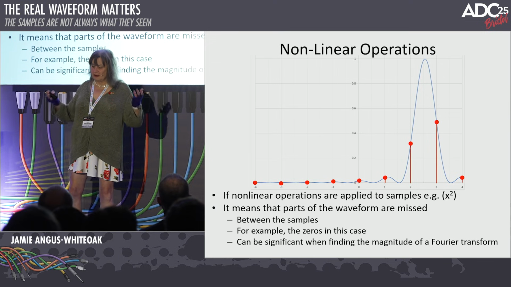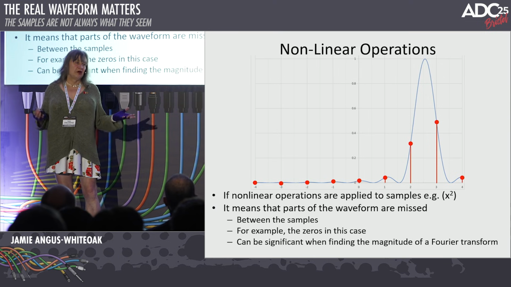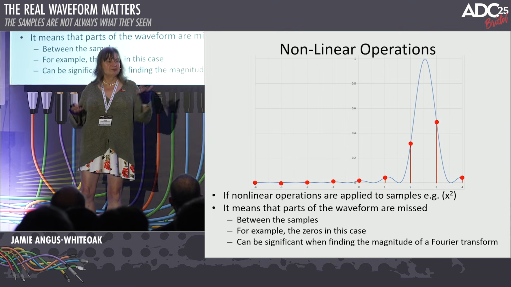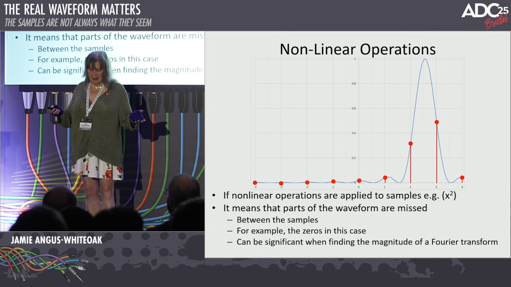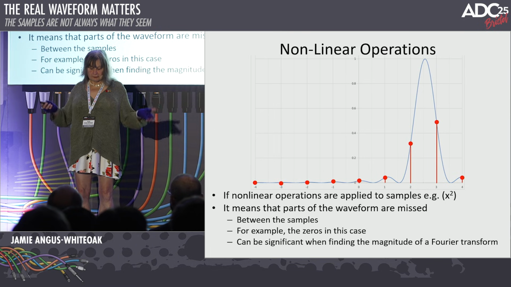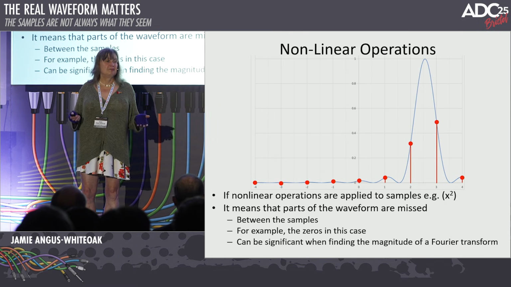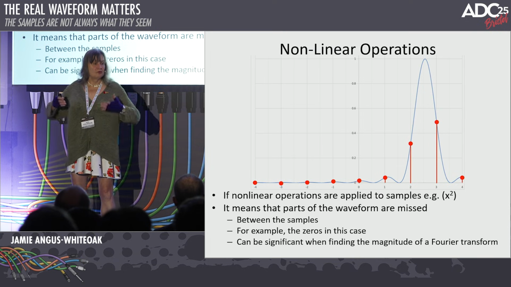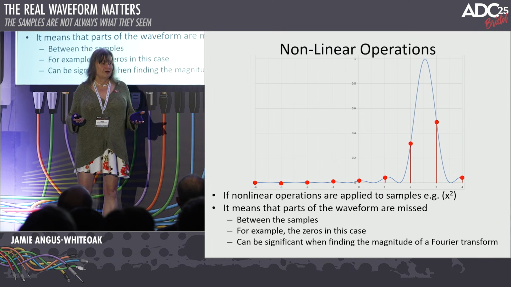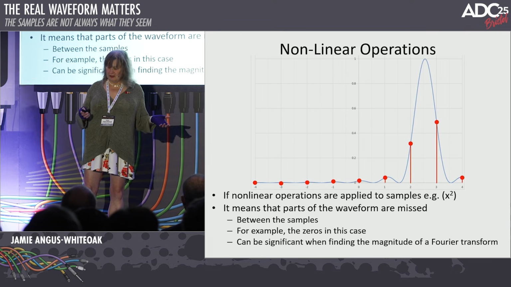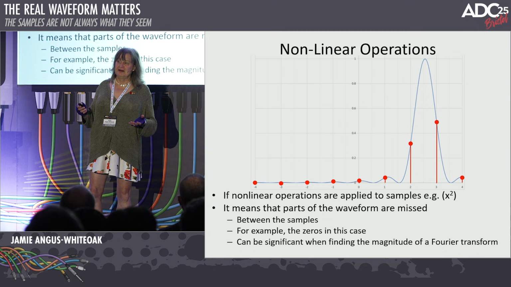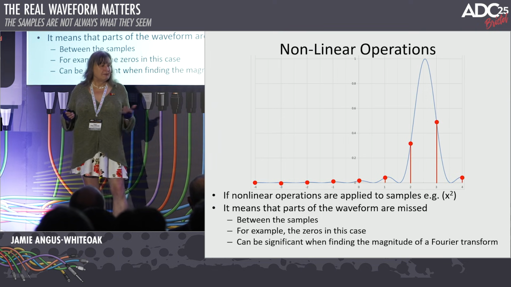And finally, another little example. If we apply nonlinear operations to, say, the output of a Fourier transform to get the magnitude spectrum, again, parts of the waveform can be missed. And they're the bits between the samples, and we'll get incorrect magnitude responses. And I found this out when I was trying to do pitch detection in my first job back in 1980. It matters.